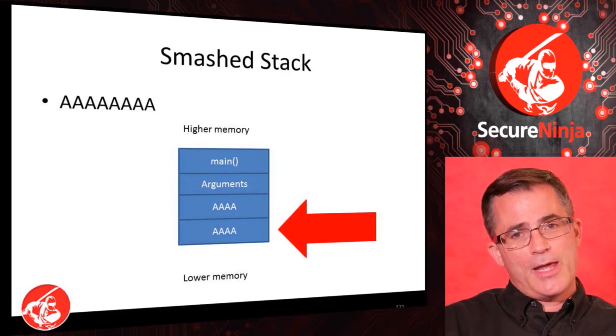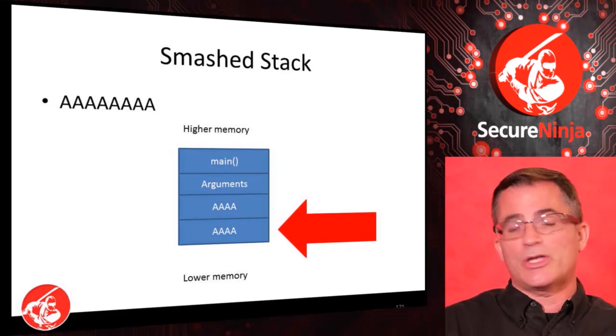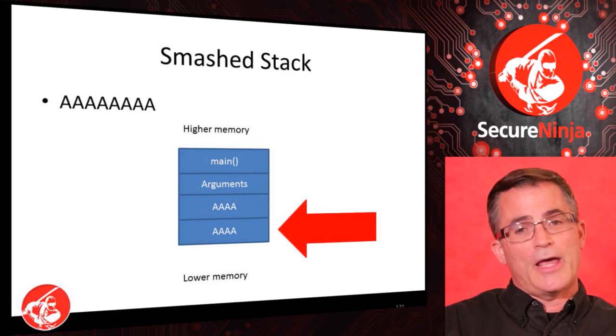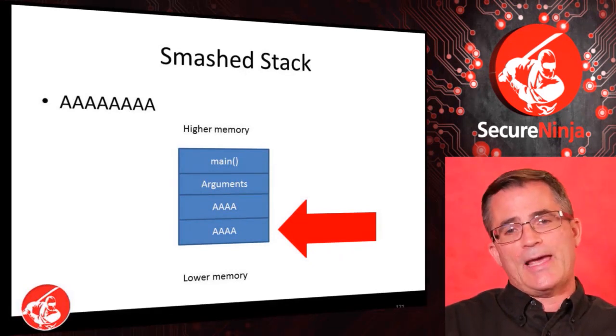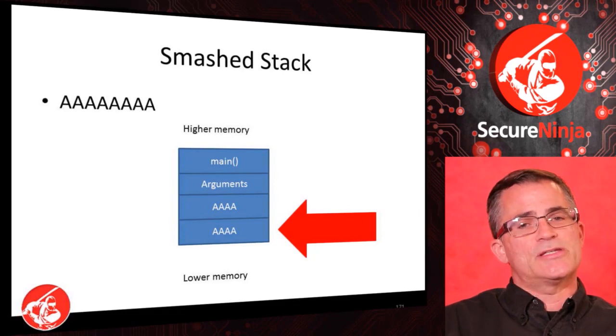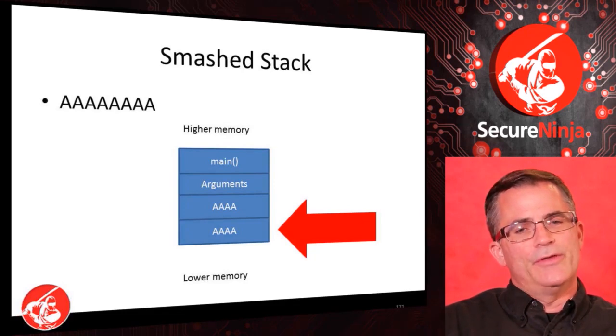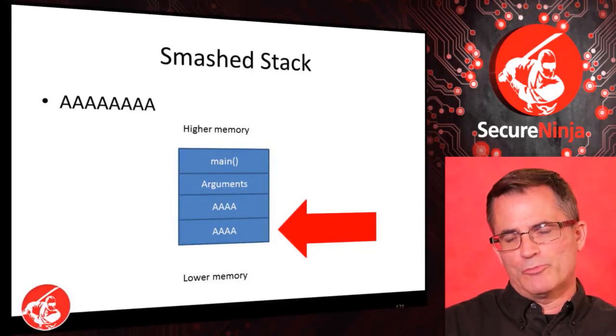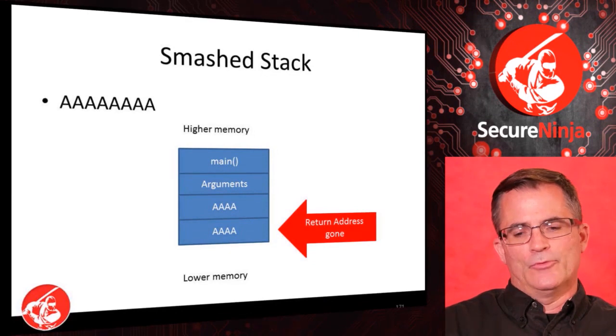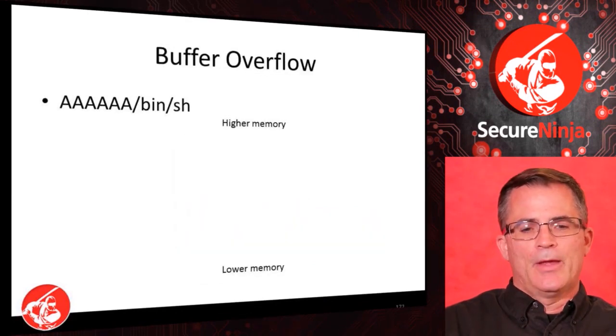Since it has 4 A's, the stack has been smashed and corrupted because the return address has been overwritten. This is the holy grail for the attacking side. We want to know where this instruction pointer is when this code breaks into that return address, because we want to take control of that instruction pointer. The return address is gone.